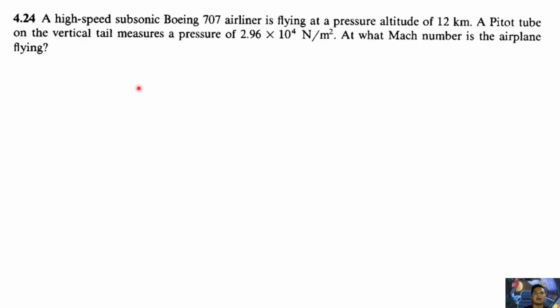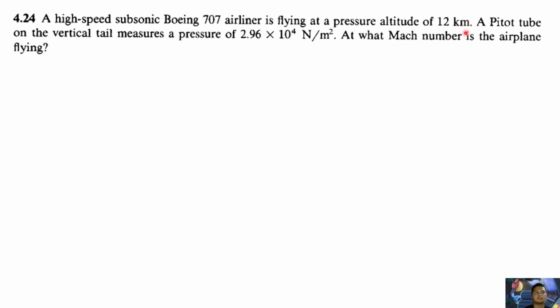Next is: a high-speed subsonic Boeing 707 airliner is flying at a pressure altitude of 12 km. A pitot tube on the vertical tail measures a pressure of 2.96 times 10 raised to 4 Newton per square meter. At what Mach number is the airplane flying? So, first we read that it is high-speed subsonic.